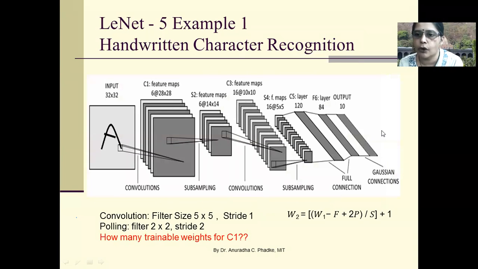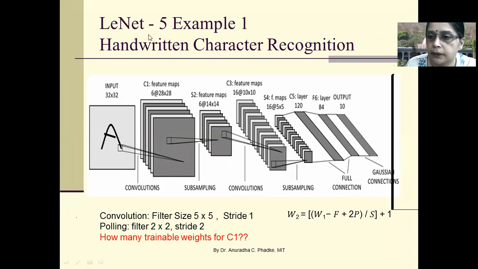Now let us talk more about convolution neural networks with one particular type of network which is already available, LeNet. So this LeNet is an example of convolutional neural network. LeNet 5 is basically used to recognize handwritten characters. Okay.